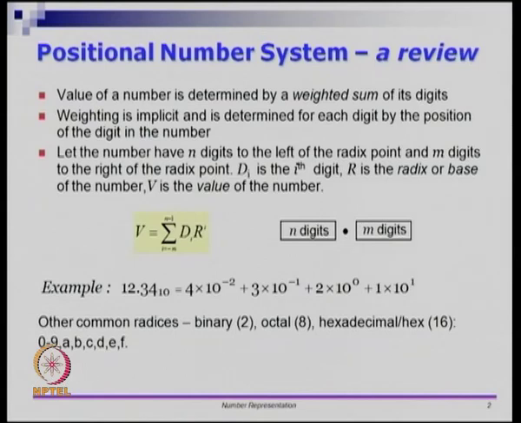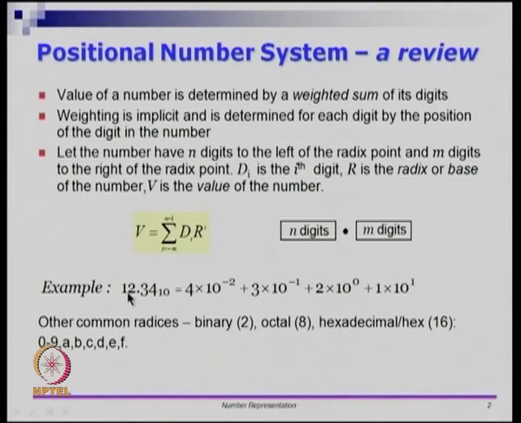Whatever it is, if you are given a number of this form where it is n digits followed by m digits, then the value that we attach to it, or the interpretation that we have, is the sum for i equals minus m to n minus 1 of di times r power i. That is the digit at position i multiplied by the base raised to the i. So, this r power i is the weight that is assigned to the position.